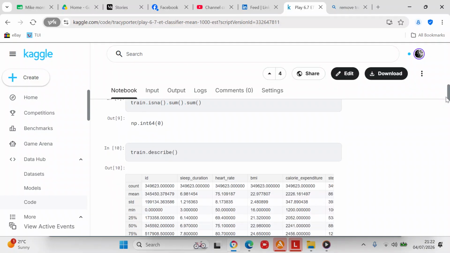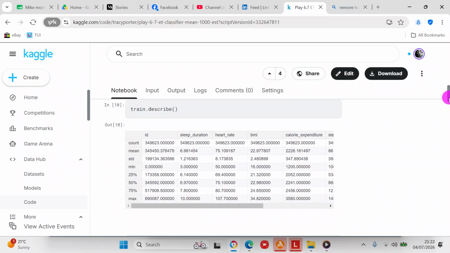So whenever your number of rows of data decreases, that means the chance of accuracy is going to decrease as well. And the reason for that is because you want to train your model on as much data as possible to get as much accuracy as possible.